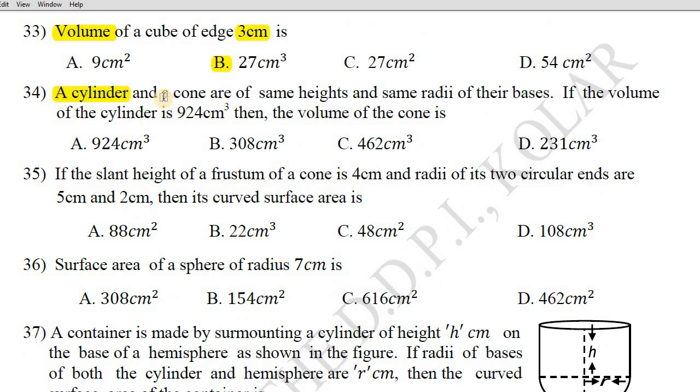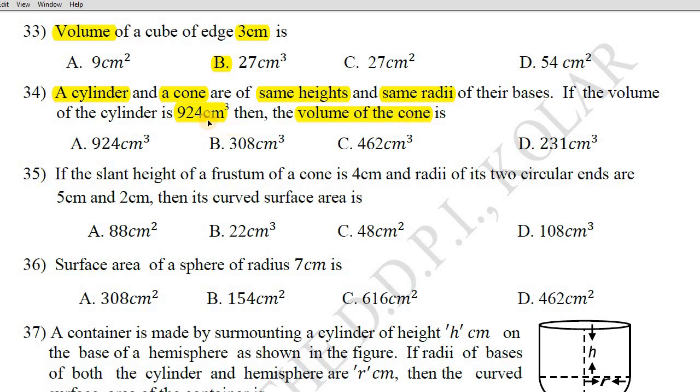A cylinder and a cone, we have seen this kind of one also, are of the same height and the same radii of their bases. Both height and radii are the same. If the volume of the cylinder is 924 centimeter cube, then the volume of the cone is, keep it in mind, the volume of the cone is 1/3 times less than the volume of the cylinder, and the volume of the cylinder is 3 times greater than the volume of the cone.